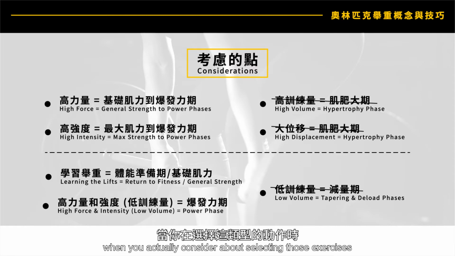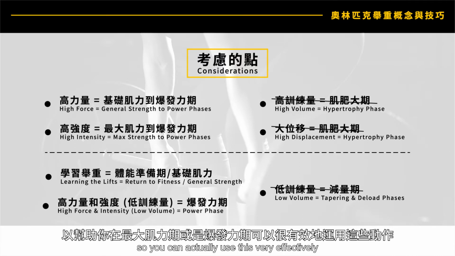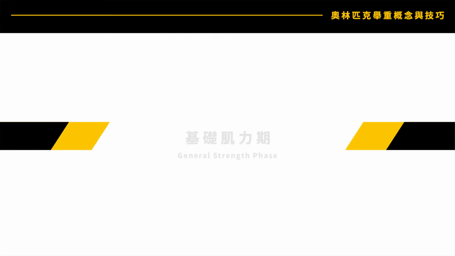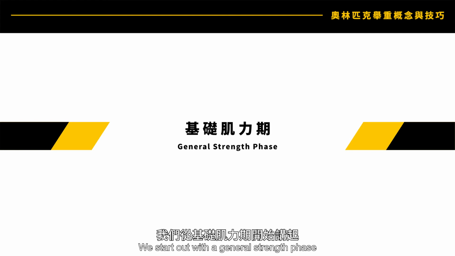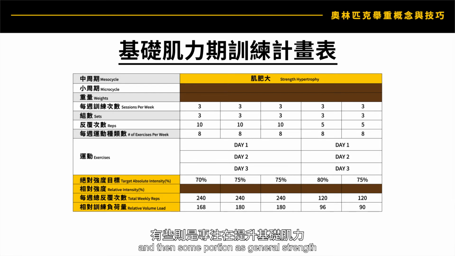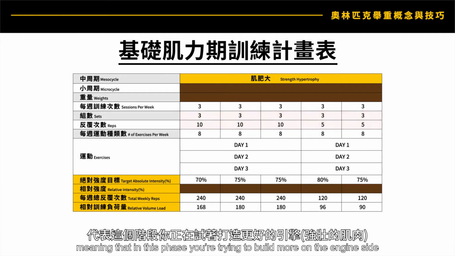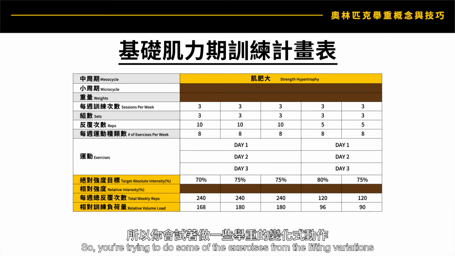When you consider selecting those exercises, you have to learn how to do it first, so you can use it very effectively when you do the maximal strength or power phase. We start out with a general strength phase, meaning that you have some portion as return to fitness and some portion as general strength, where you're trying to build more on the engine side. So you're doing some of the exercises from the lifting variations.